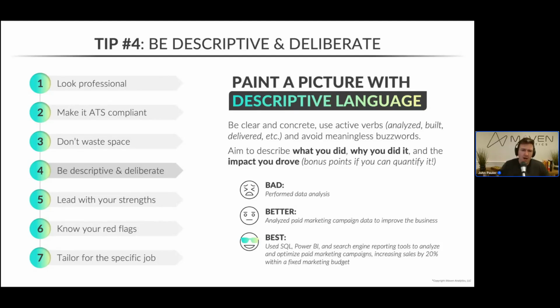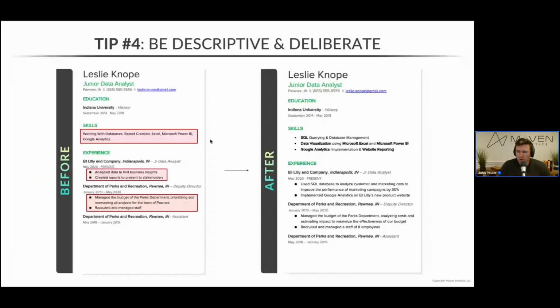So that's what we want to do here. And we want to work and improve this a little bit. So in skills, a great way to do this is to really focus on the specific skills and try to paint this picture. So we're taking it from working with databases to SQL querying and database management.